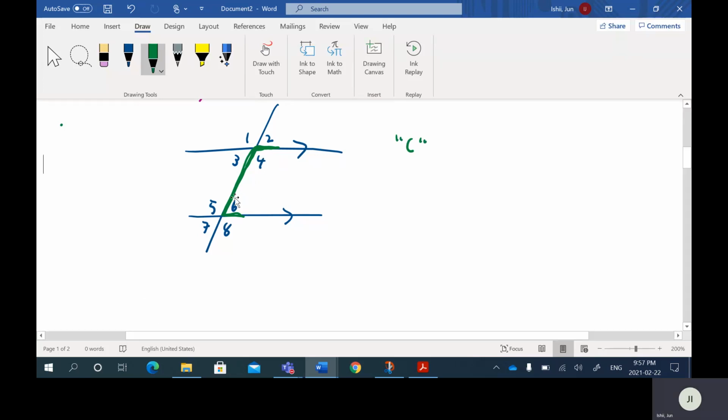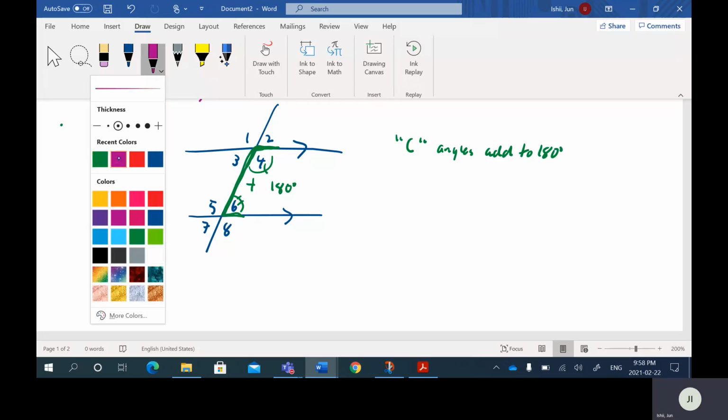Now C angles, it's pretty obvious that they're not equal, right? Because this one's bigger than 90. This one's less than 90. Okay, so they're not equal, but they add to 180 degrees. Okay, so angle 4 here plus angle 6 is going to add to 180.